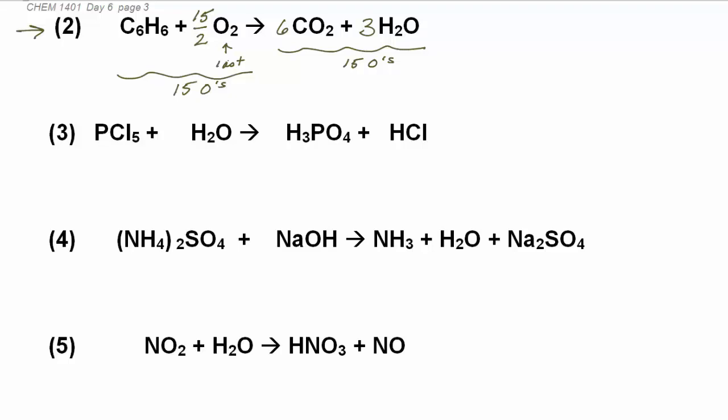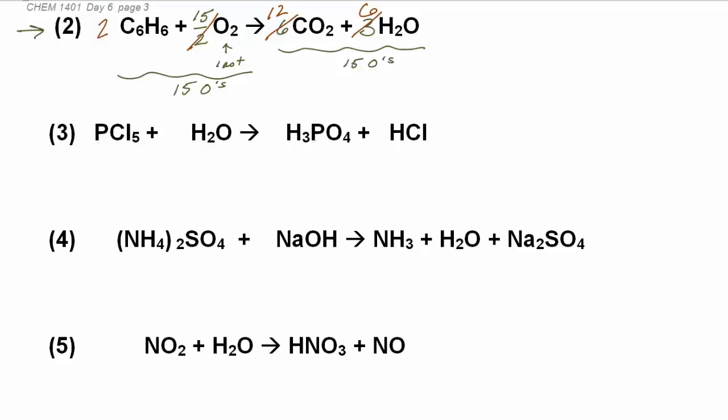You cannot have, they don't want fractions as stoichiometric coefficients. So let's just change those coefficients. Since it's nice and balanced, whatever you do to one side, you have to do it to the other side. So let's multiply through by what number? Multiply through by 2. This would be a 2. This would become a 15, 12, and a 6.